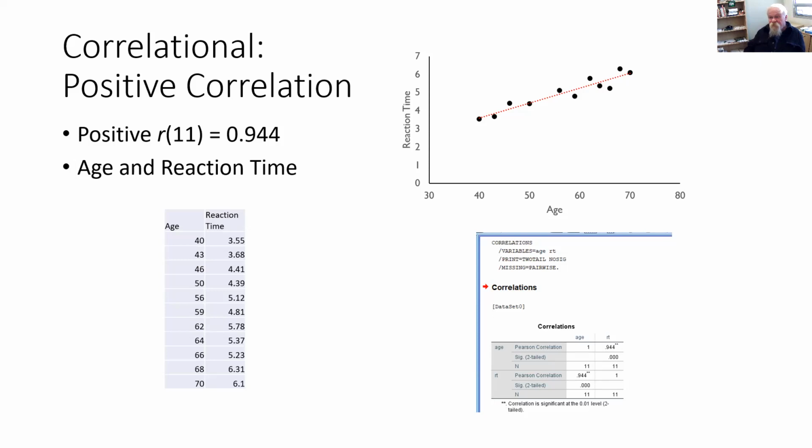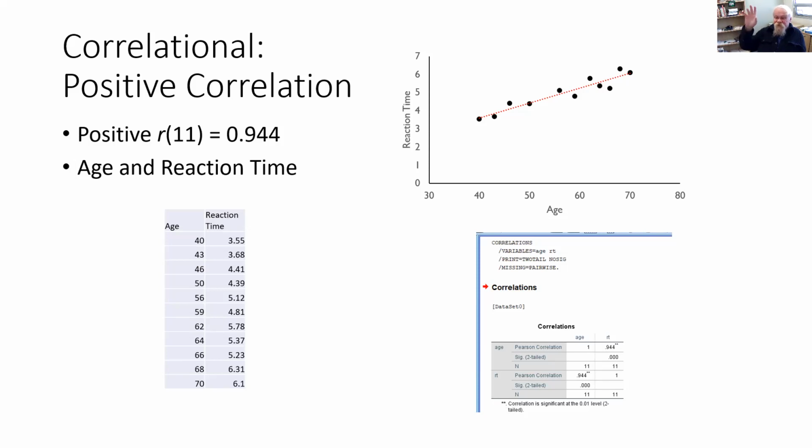So I just made up these data to show you how it would plot out on something called a scatter plot here on the slide. And you can see that the average line between the data points shows an increasing line, okay? And we would call this a positive correlation.